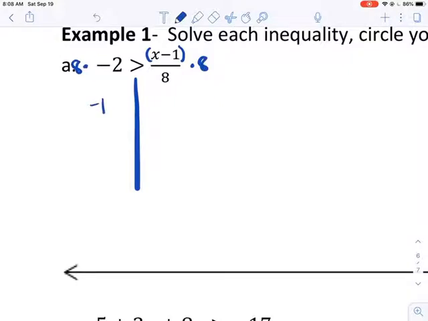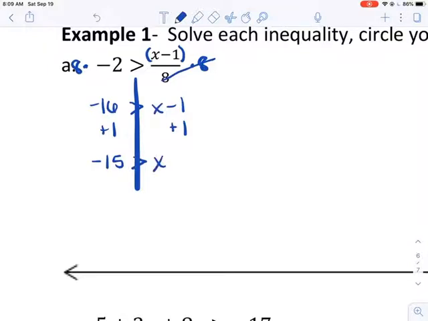And I get -16. And because I multiplied by a positive number, I keep the direction of the sign. And then these cancel, and I get x minus 1. Then I'm going to undo subtraction by adding, and I get -15. And because I added, I still keep the direction of my sign.